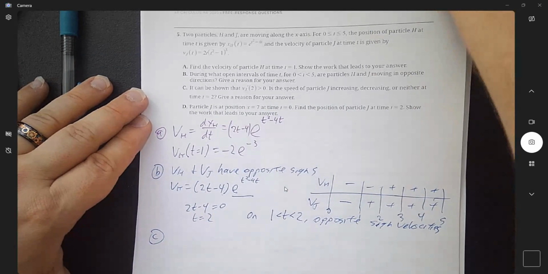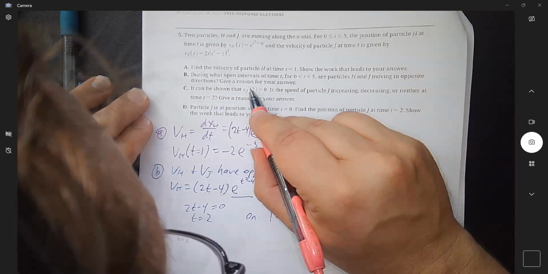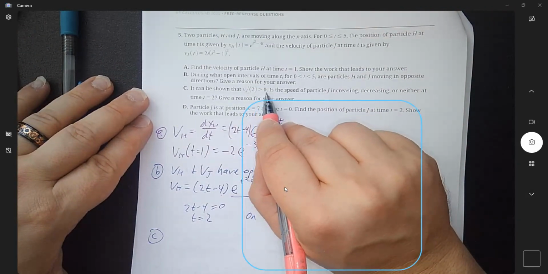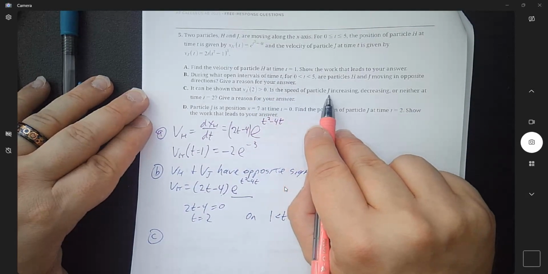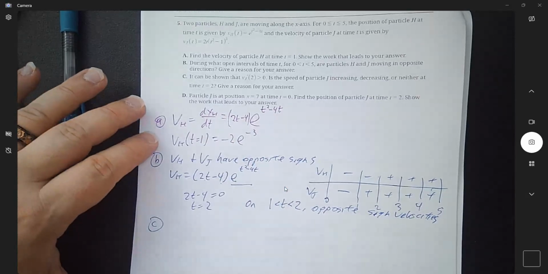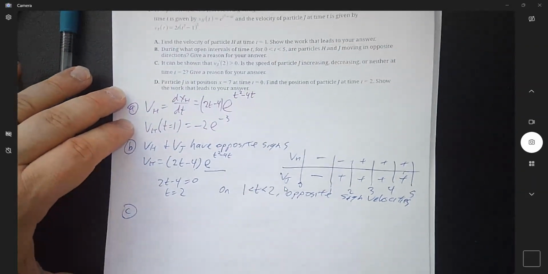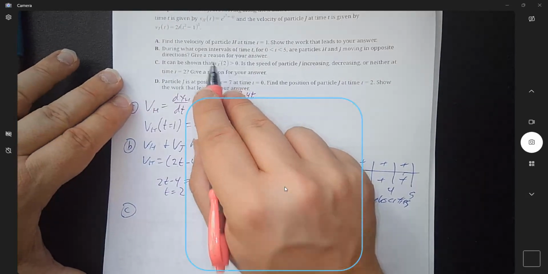C. It can be shown that VJ prime of 2 is greater than 0. Is the speed of particle J increasing, decreasing, or neither at time t equals 2? So here's what I'm going to say. This is very important. If the velocity and the acceleration have the same sign, then you're speeding up.